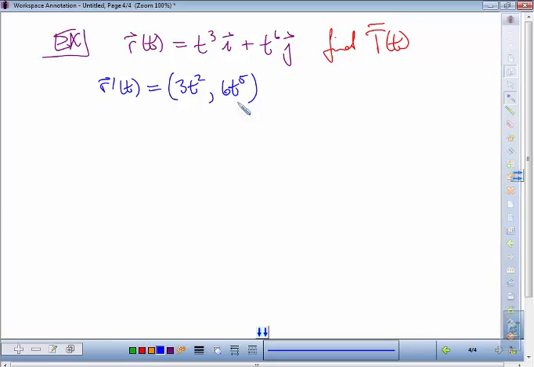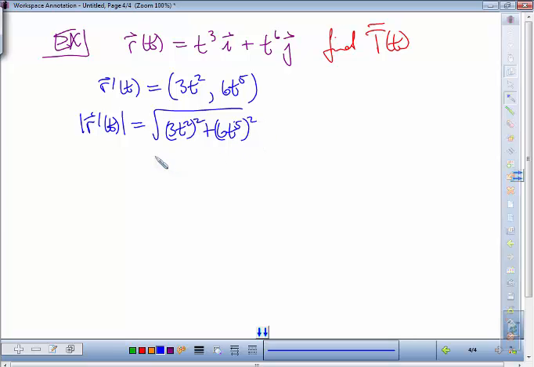Next is to find the magnitude of that. So to find the magnitude, we take that very same thing and do the square root of (3t squared) quantity squared plus (6t to the 5th) squared. Let's see if we can simplify this. This is 9t to the 4th plus 36t to the 10th. We can manipulate it a little bit.